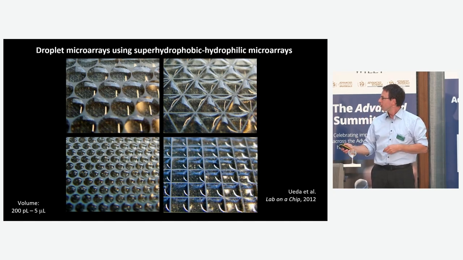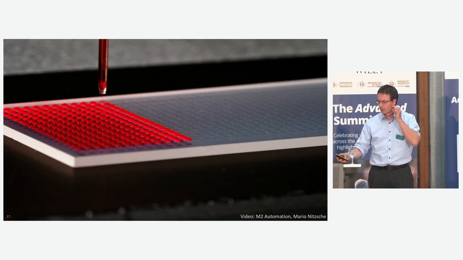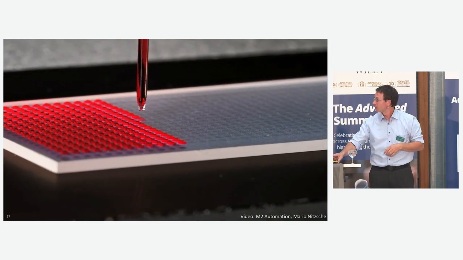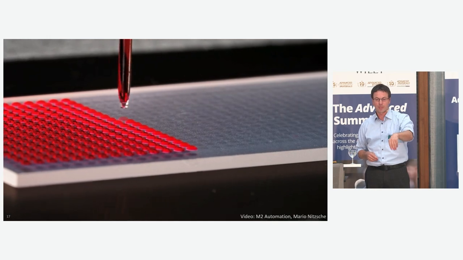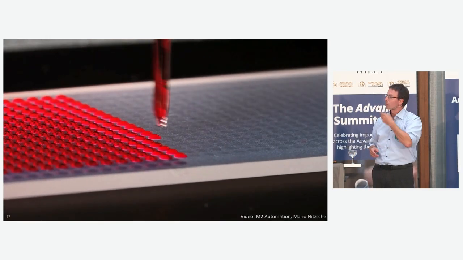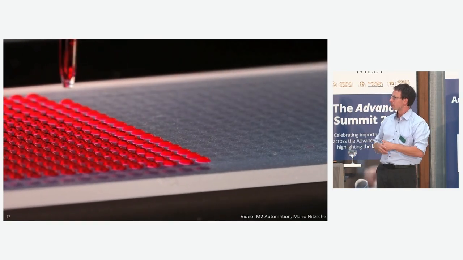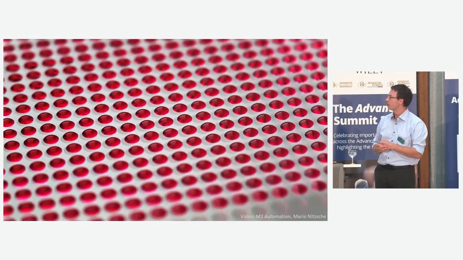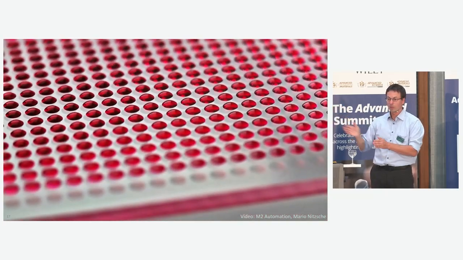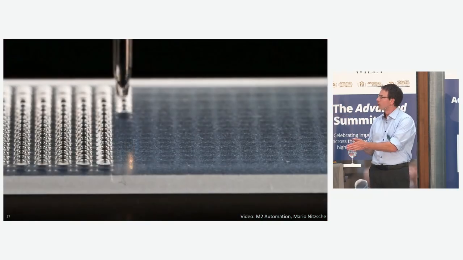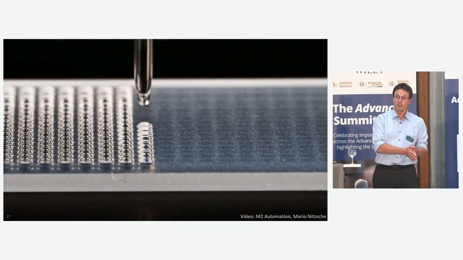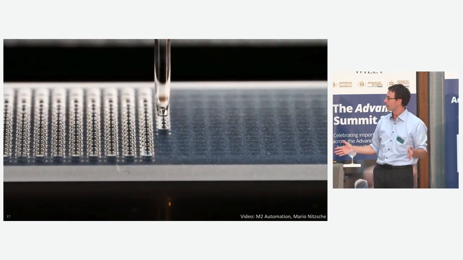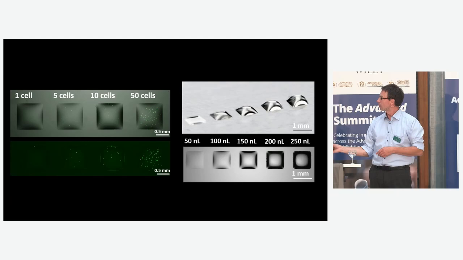Then the new technology that has been developing over the last years for liquid dispensing also allows us now to precisely deposit controlled liquids and volumes of cell suspensions or reagents into precise locations, and we can control the volumes down to sub nanoliters. So the technology is there for these applications.